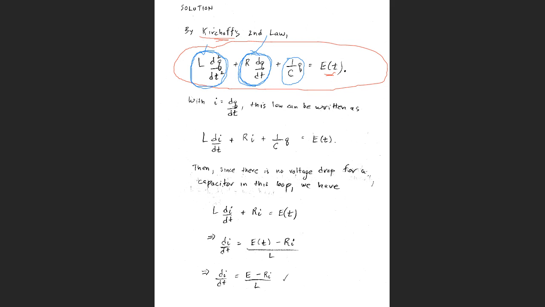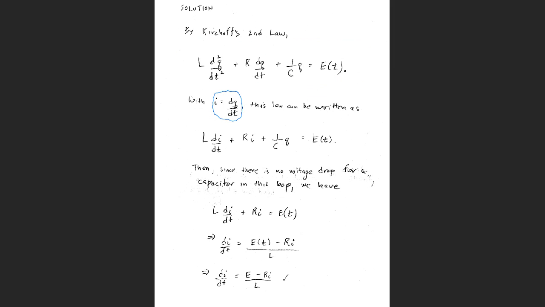All right. So now what we're going to do is, the derivative of charge is equal to the current I. So we're going to replace here: if the derivative of charge is current I, then the second derivative of charge with respect to time would be the first derivative of current with respect to time.